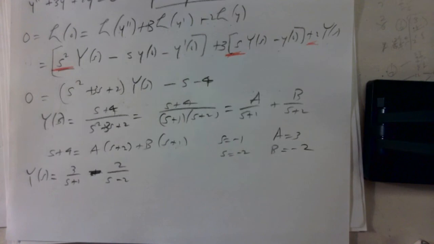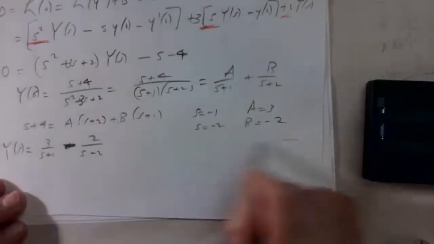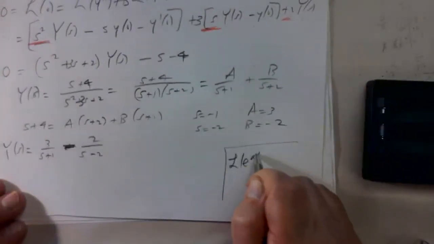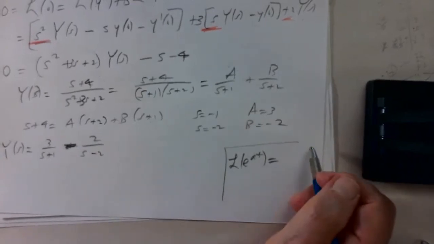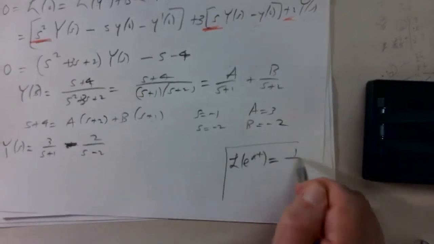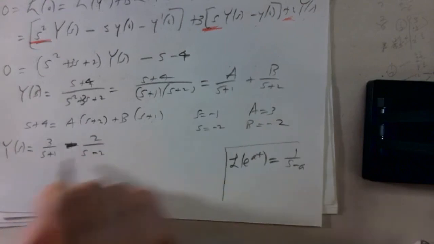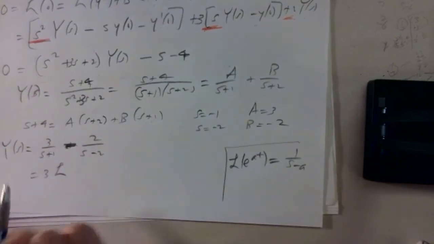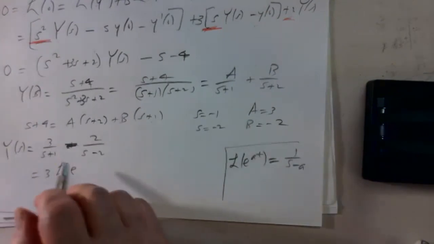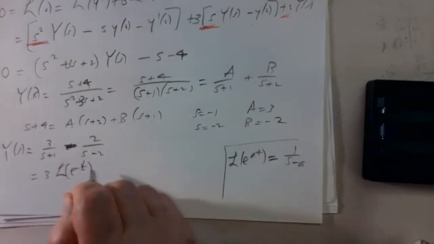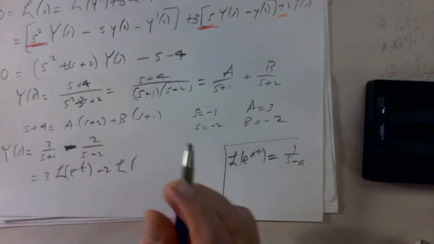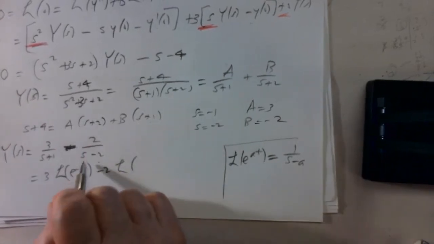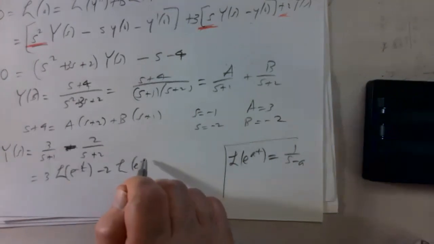We worked out the Laplace transform of things like this. Right, so let me just recall: the Laplace transform of e to the at is equal to 1 over s minus a. So this is equal to 3 times the Laplace transform of e to the minus t, minus 2 times the Laplace transform of e to the minus 2t.